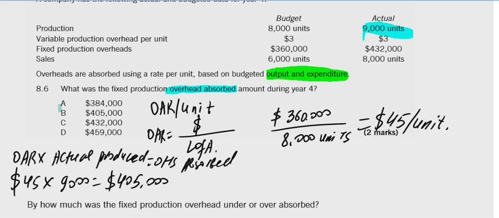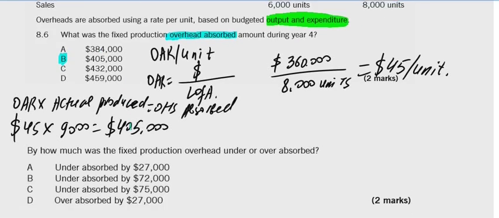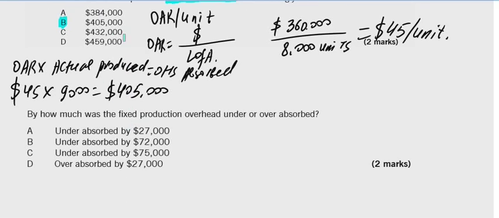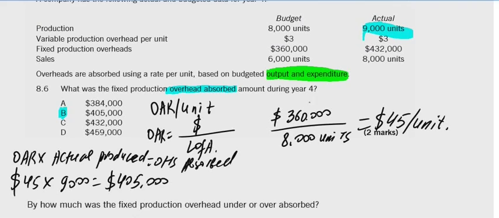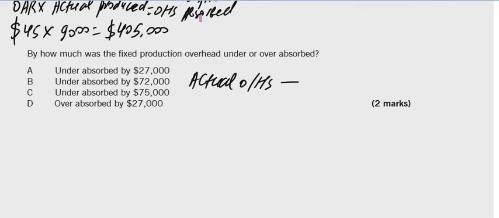Now the same data, but the second question: by how much was the fixed production overhead under or over absorbed? Actual overheads are $432,000.